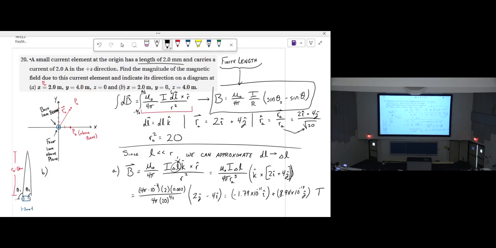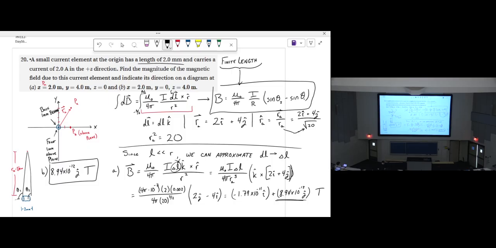And so the only thing that survives is this j term, because the j term came from crossing k into i hat, and i hat doesn't change. So the answer ends up being 8.94 times 10 to the minus 12 j hat Tesla. That's it.